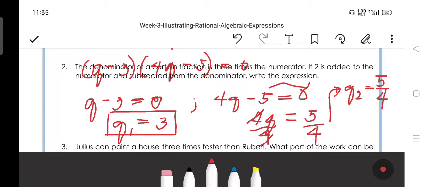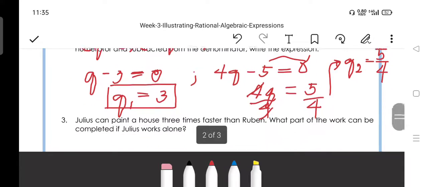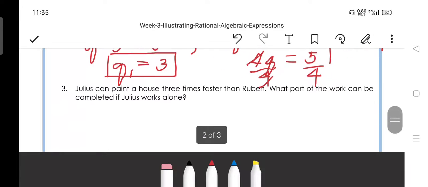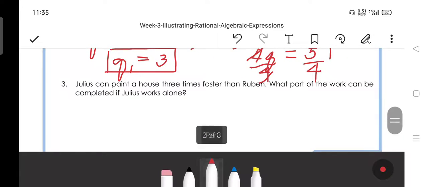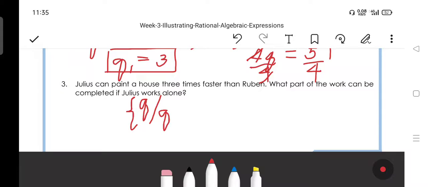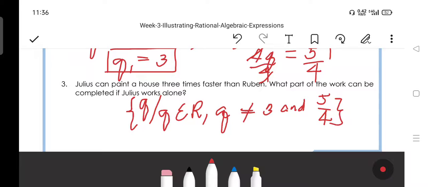So 3 and 5/4. Expressing our answer in set notation, we have the set of Q such that Q is an element of real numbers provided that Q should not be equal to 3 and 5/4. That's it.